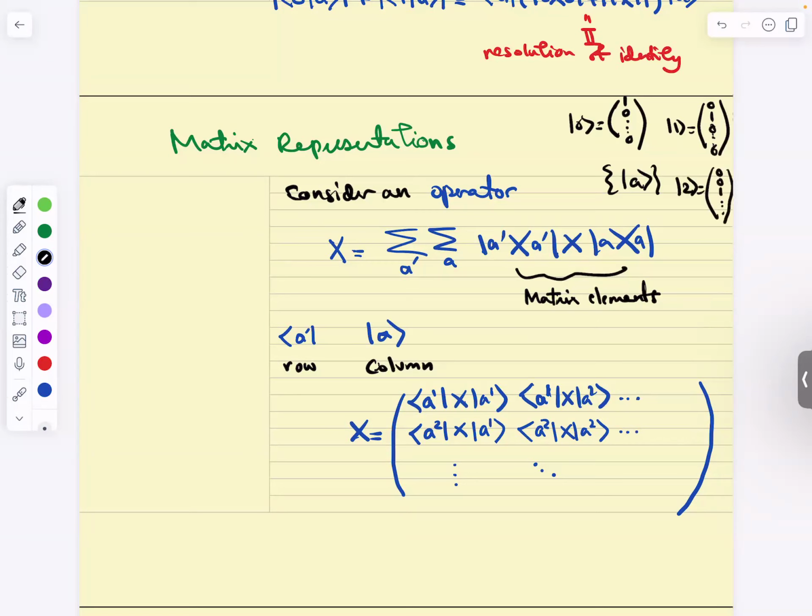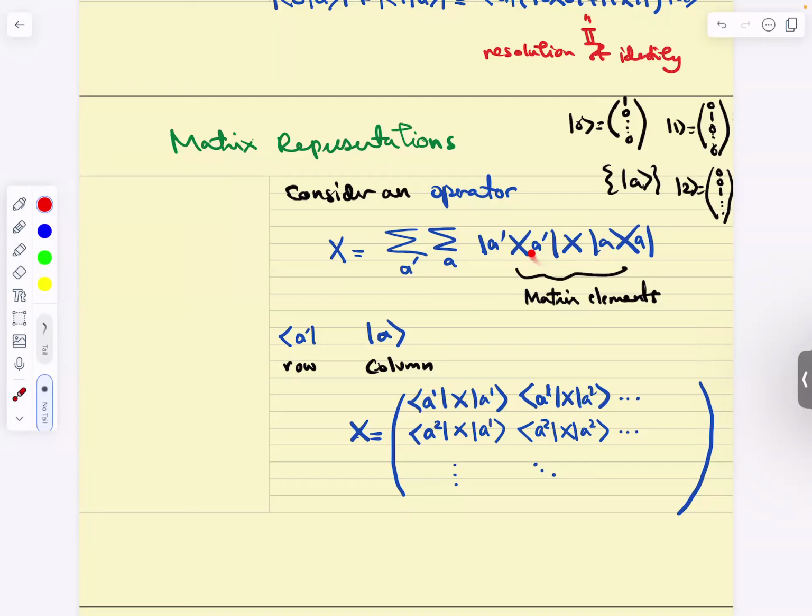You get it, right? So if I take a matrix and put two resolutions of identity from the left and from the right, what I obtain is just an expansion of the matrix in terms of its matrix elements.